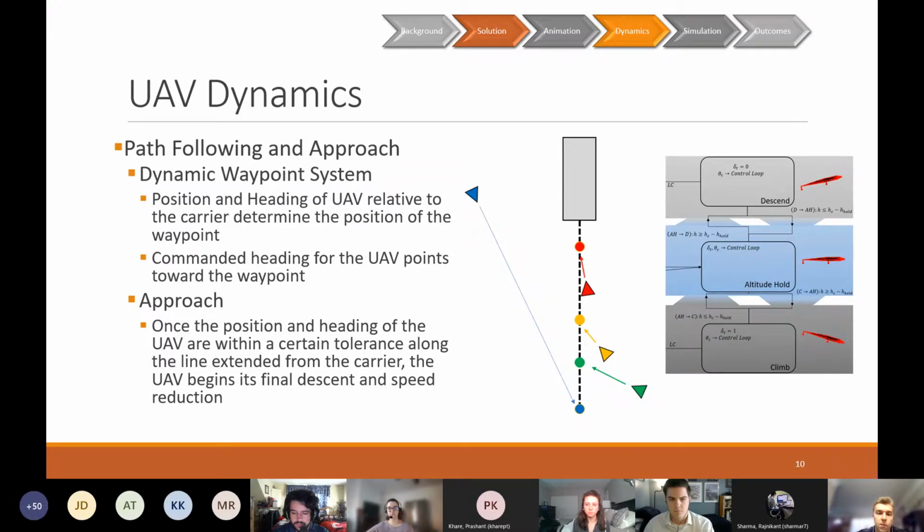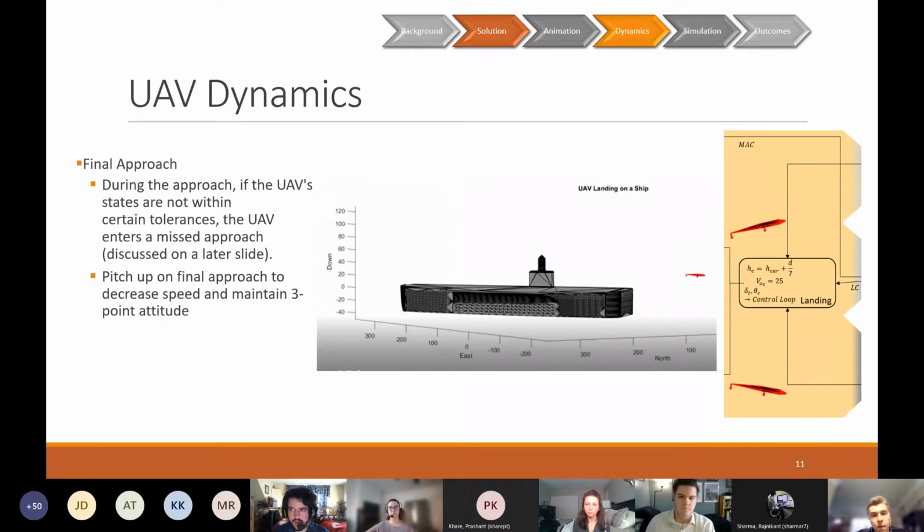And once it aligns itself with the carrier within a certain tolerance, it begins its final approach, where it slows its height and lowers its speed. So as Ryan said, once it gets within those tolerances, it will then conduct its final approach landing. If it doesn't get within those tolerances by this point, it'll go into its missed approach, which will be discussed later.